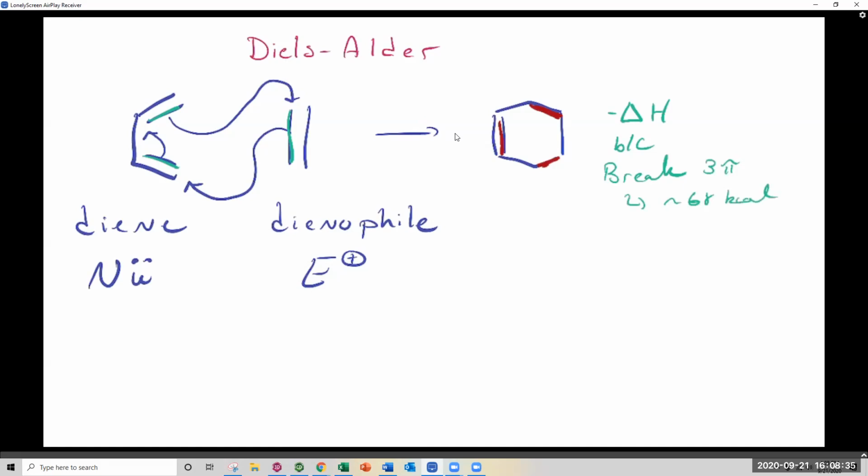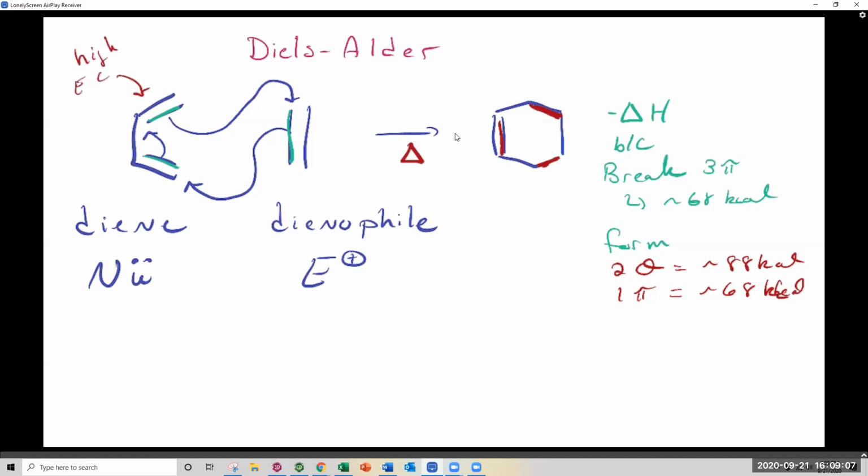And then we form 2 sigmas and 1 pi, and the sigma bonds have an energy of about 88 kcals each. And so this is a highly, highly exothermic reaction, but it does require heat because my diene needs to be in this high energy conformer.